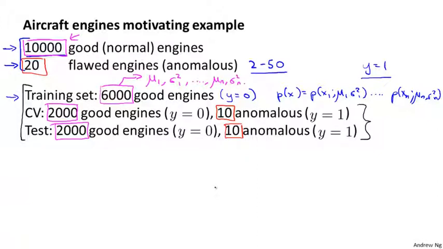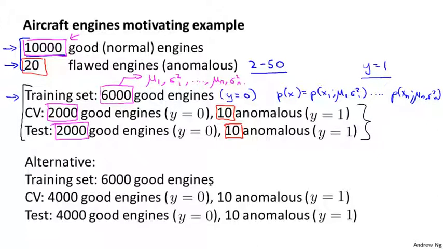Just as an aside, if you look at how people apply anomaly detection algorithms, sometimes you see other people split the data differently. Another alternative, which is really not recommended, is that some people will take the 10,000 good engines, put 6,000 of them in the training set, and then put the same 4,000 in both the cross-validation set and the test set. We like to think of the cross-validation set and the test set as being completely different data sets from each other.